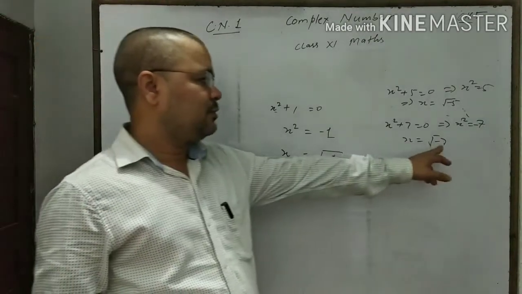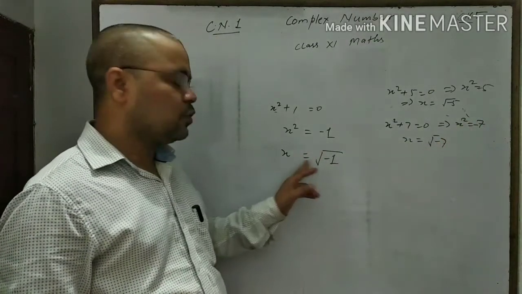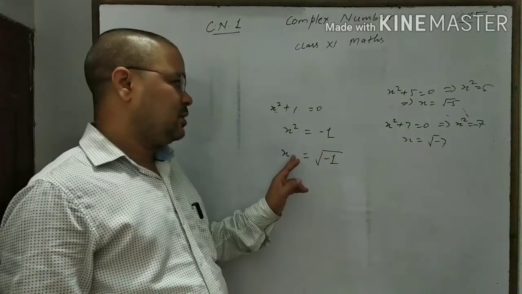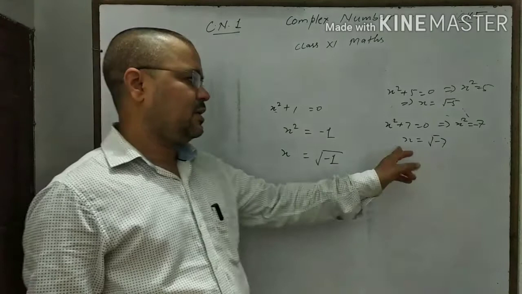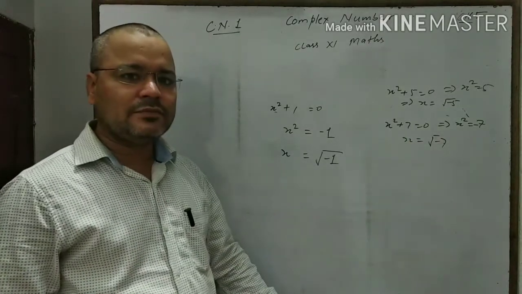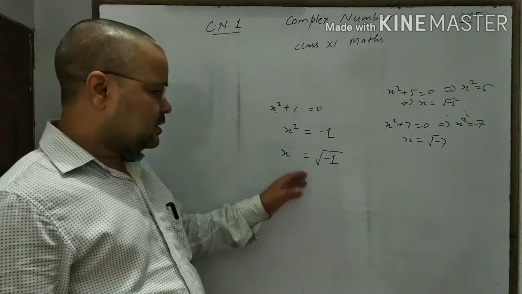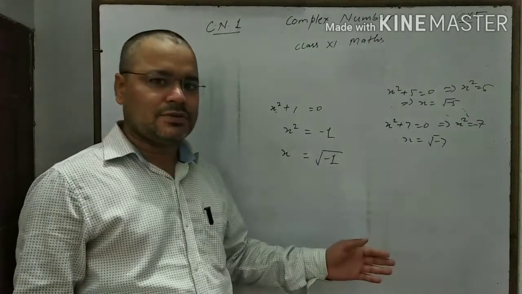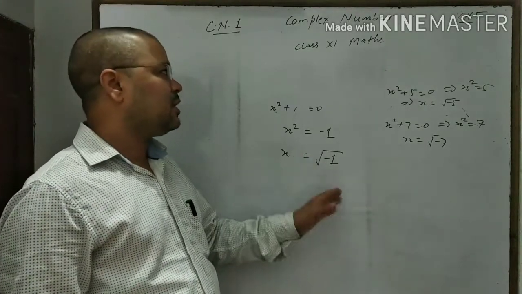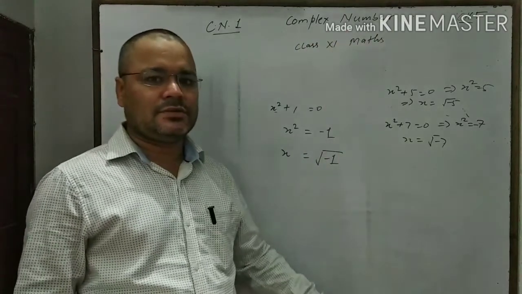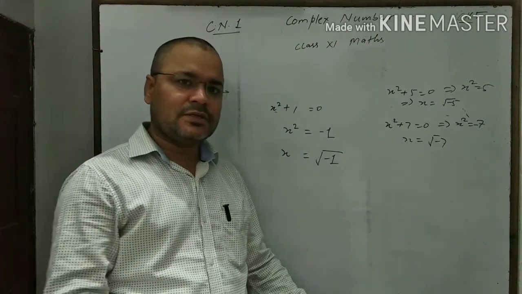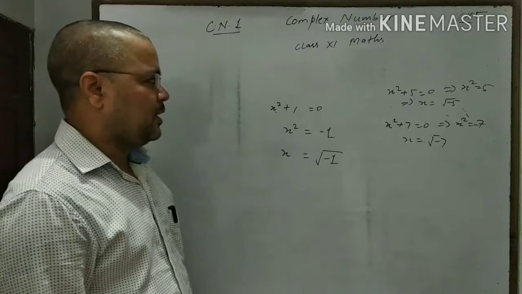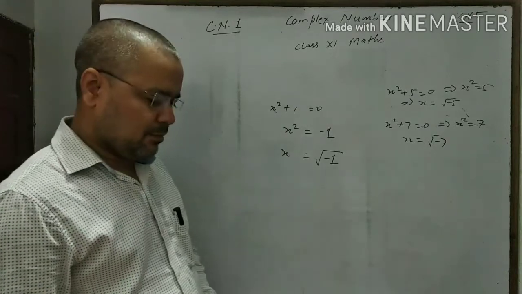This type of root is what? Not real. This type of roots and numbers is part of the complex number, which we will discuss in this topic, that is called complex number.